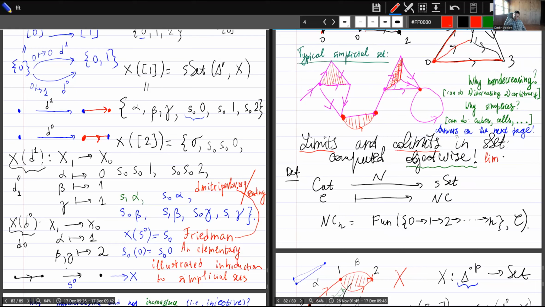Take the limit of some diagram of simplicial sets X_i, where i is ranging over objects of some category I. The n-simplices of the resulting simplicial set can be computed as the limit of the sets of n-simplices in X_i, like this.